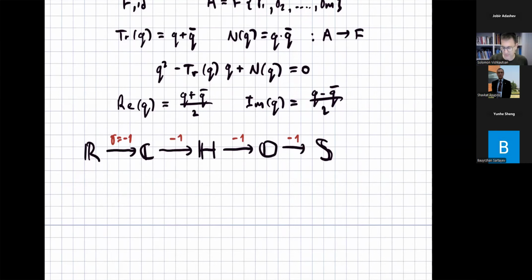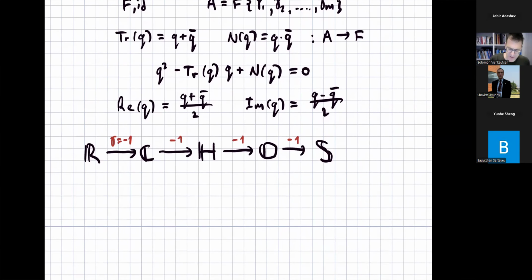Each time we do this process, we lose certain properties of the algebra. R is an ordered field, and C is not. H is already non-commutative, but always alternative, though not associative.